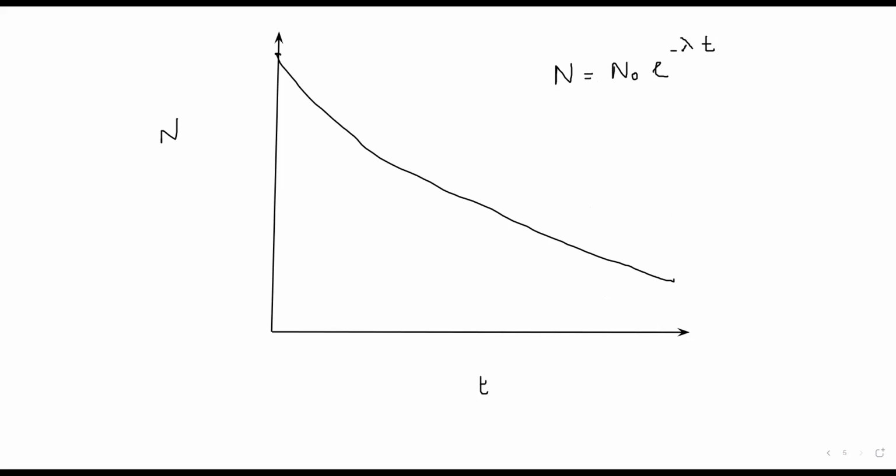This is the equation which relates the number of nuclei in the beginning, that is the maximum, and after some time, that is N. What is lambda? Lambda is called the decay constant, like how many radioactive atoms are decaying, and how we can work out this formula.